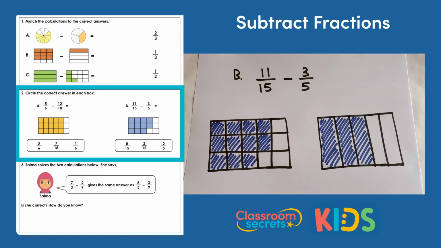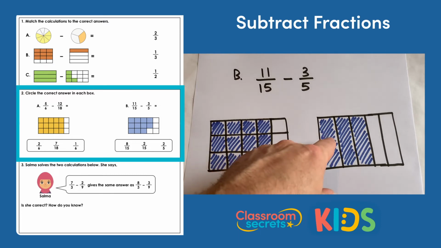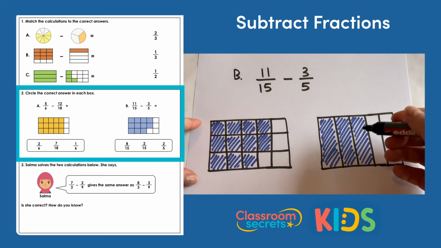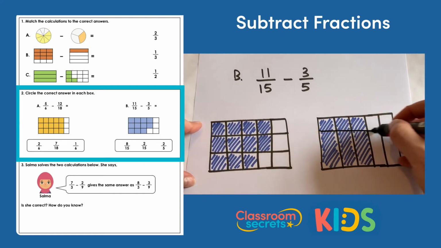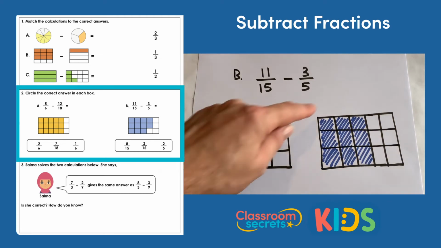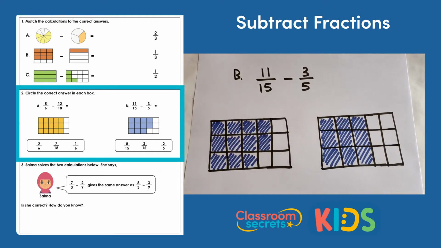B says 11/15ths take away 3/5ths. So here we have the 11/15ths already on the diagram on the question for you. Now I've just drawn 3/5ths here so we can convert the fifths to 15ths. So if we split each of these fifths into 3 equal pieces each, then we'll have our 15ths, and we can see we've got 3, 6, 9, and 9/15ths shaded in.